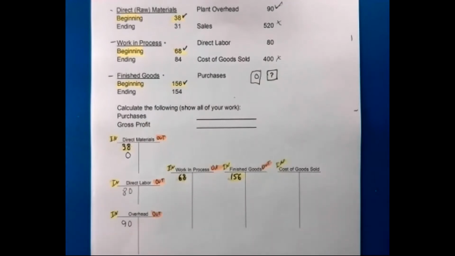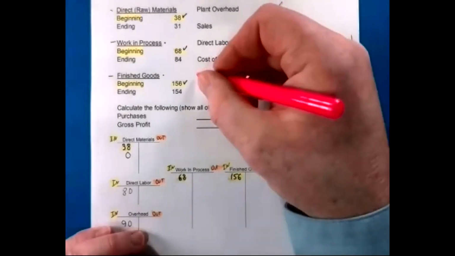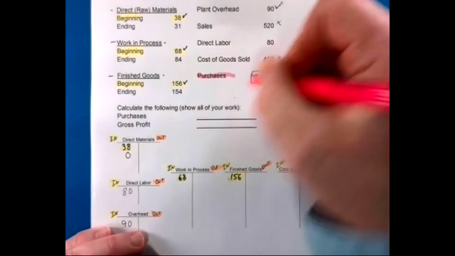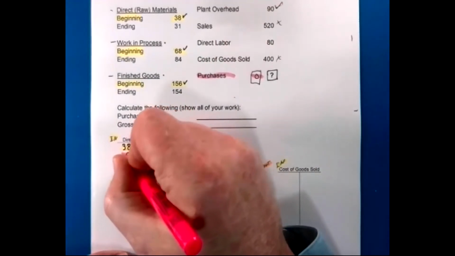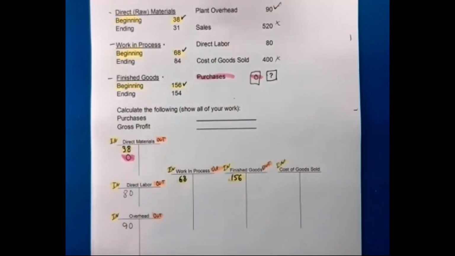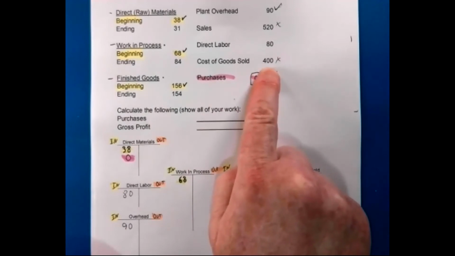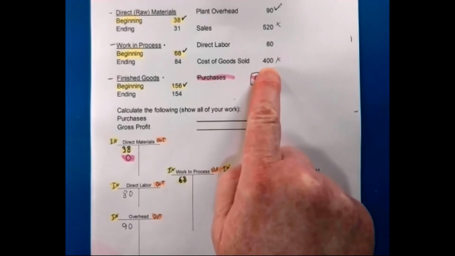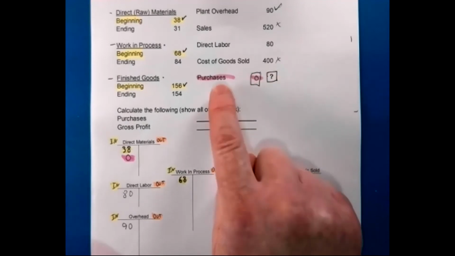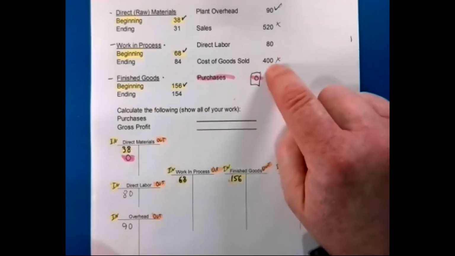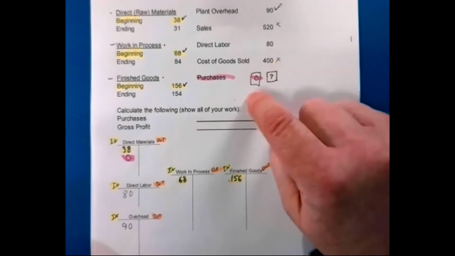Let me get a marker. Now, I know that 0 is wrong, but we're going to get through to the end, and the cost of goods sold with purchases should be 400. So we're going to calculate what the cost of goods sold is without them, and then compare them at the end. Whatever our cost of goods sold is off by should be what's in those purchases.